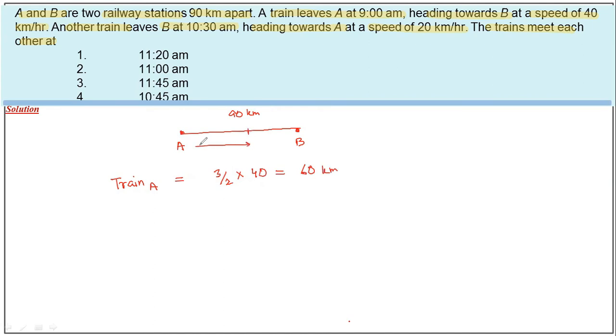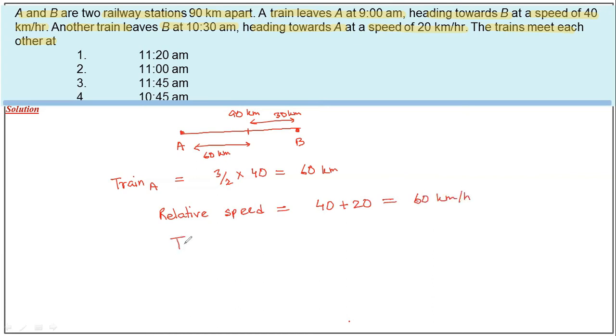So the remaining distance is 30 kilometers. Now both trains are traveling towards each other. So relative speed would be equal to 40 plus 20, that is equal to 60 kilometers per hour.